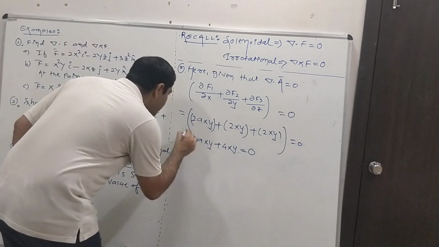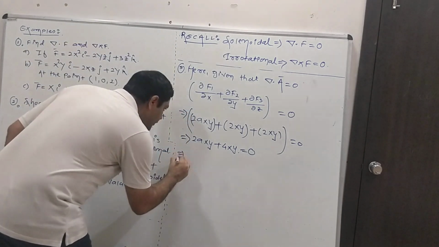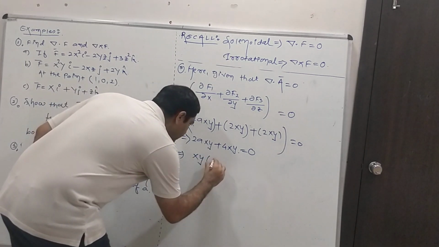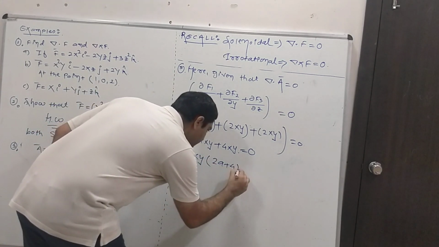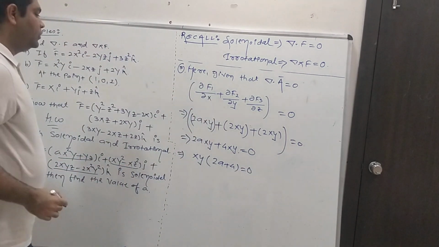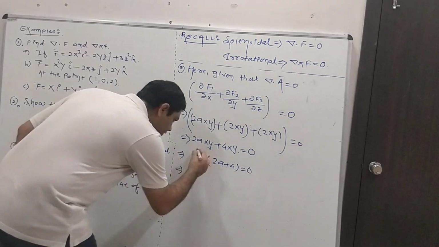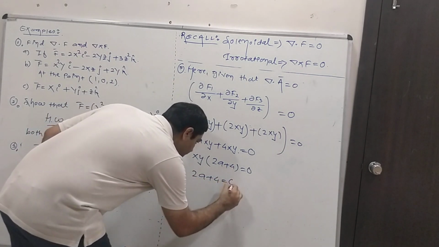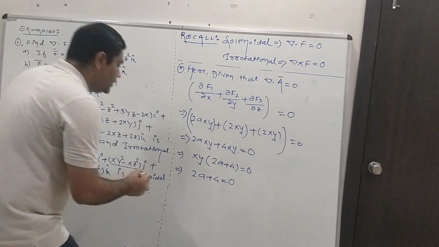Now what we'll do, we'll take xy common, remaining is 2a plus 4 is equals to 0. If xy goes on this side, the remaining is 2a plus 4 is equals to 0.